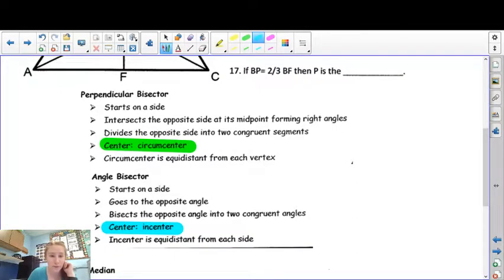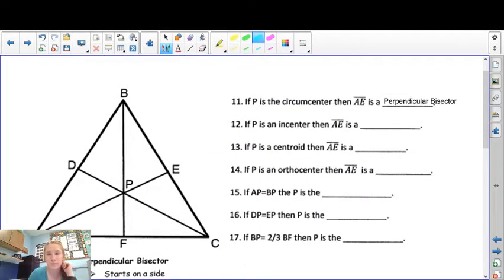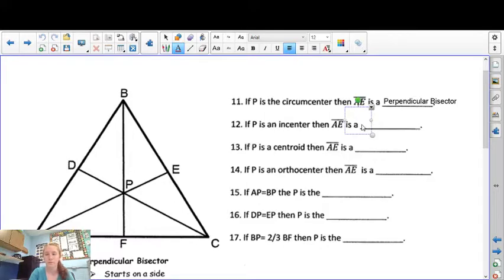If P is an incenter, then it's an angle bisector. Sorry, I could not get my E in there to save my life.